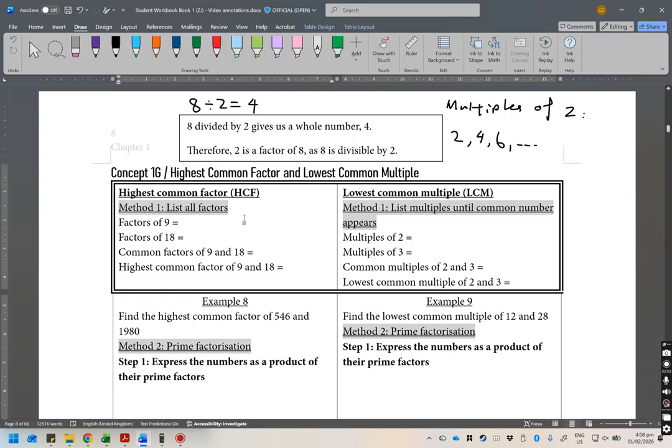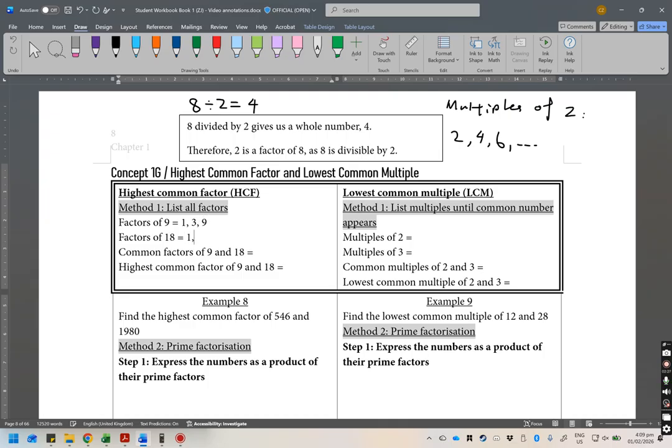Okay, so to find the highest common factor, common means to be the same and highest means the largest. So let's say we want to find the highest common factor of 9 and 18. Method 1 would be to list all the factors of 9 and 18. For 9 it will be 1, 3, and 9.